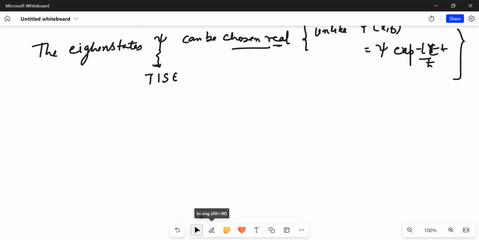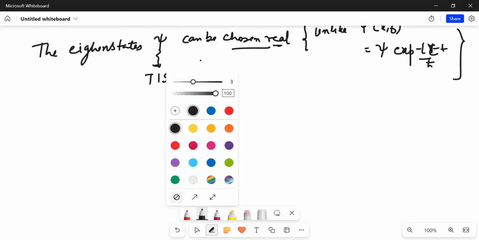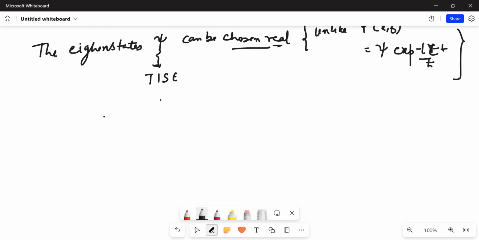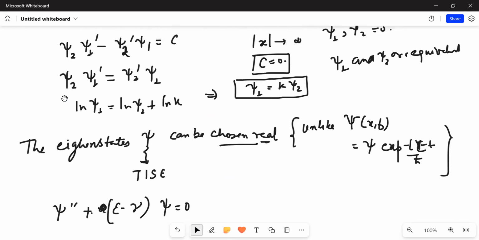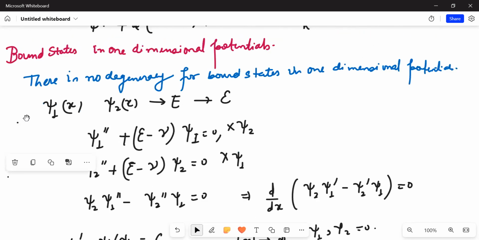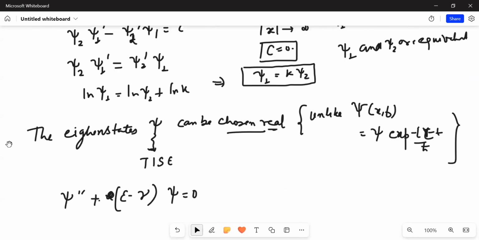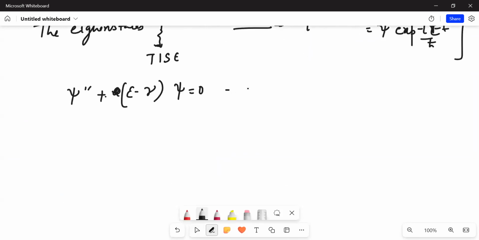So we want to know: can psi be chosen real? That is, can you always have psi which is real? See how. Let us consider possibly a complex wave function that satisfies the time-independent Schrödinger equation. This complex wave function satisfies this equation, so its conjugation would also satisfy this equation.